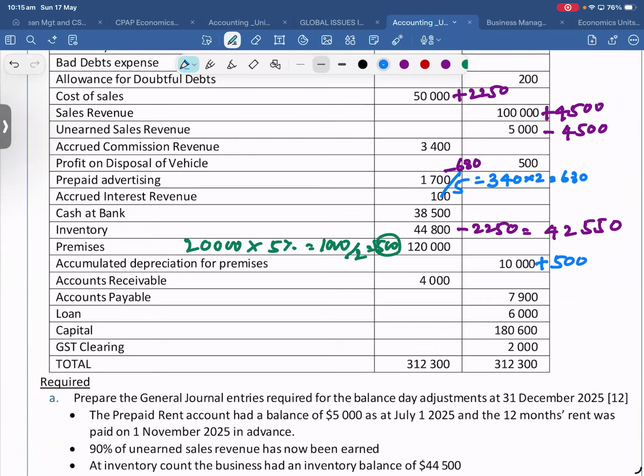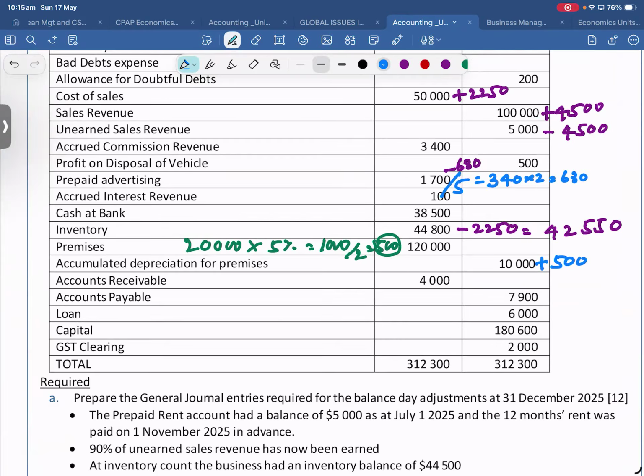Zero. Because it is paid March 31st, so you wouldn't see it. We wouldn't have received it by 31st December, yes, correct. So, what's the double entry?